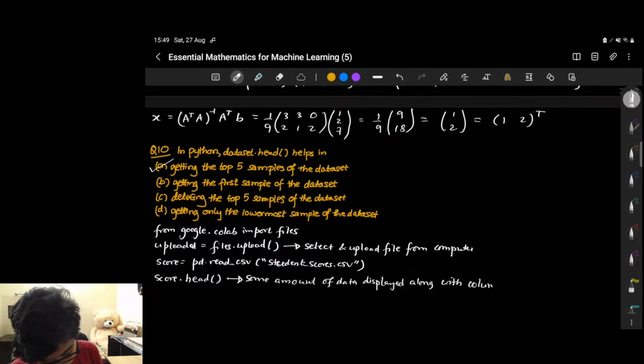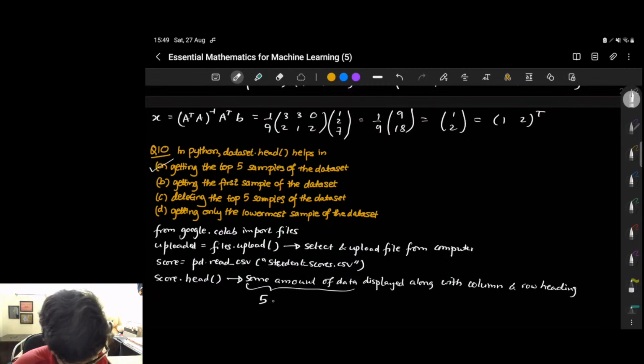So in your CSV file, you would have had some column and row headings, like let's say student name, student roll number, student marks, students class. So all those headings will come in the top, and then serial wise serial number would be there for row numbers, so 1 2 3 4 5, like that. And then this some amount of data is actually 5 samples. So 5 samples would be displayed.